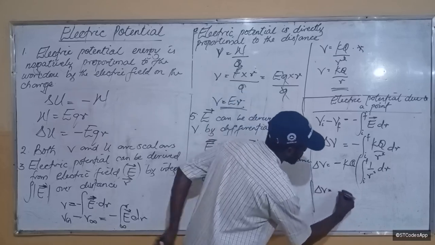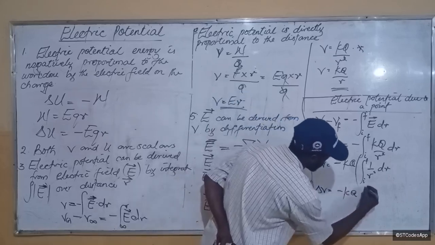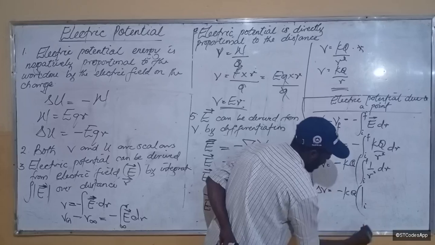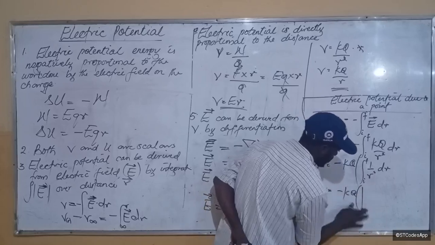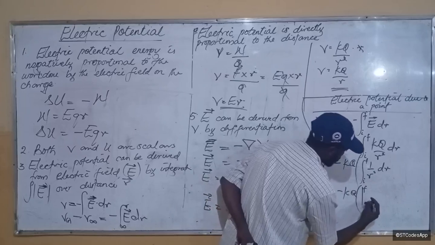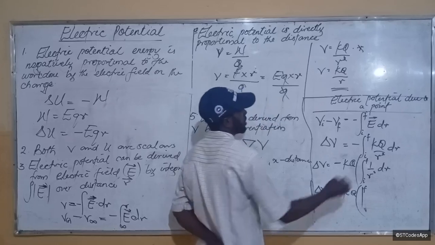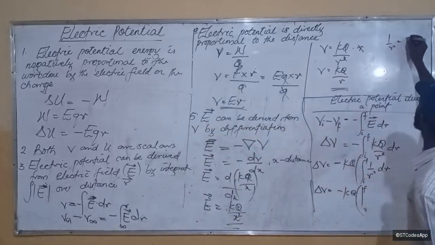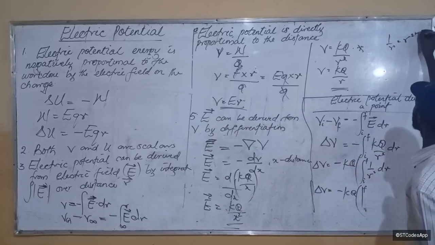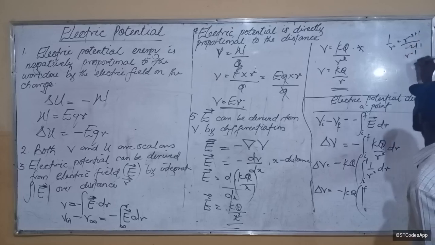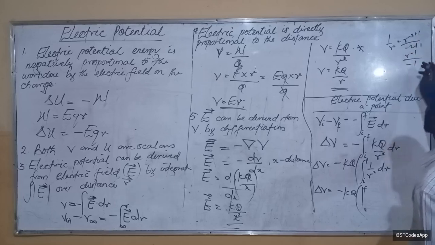So the change in V becomes minus kq, and we are subtracting initial from final, so let's start from f. By the time you integrate 1 over r squared, it means r to the power minus 2. Increase the power by 1: minus 2 plus 1, you get r to the power minus 1, and you get minus 1, so it becomes minus 1 over r.